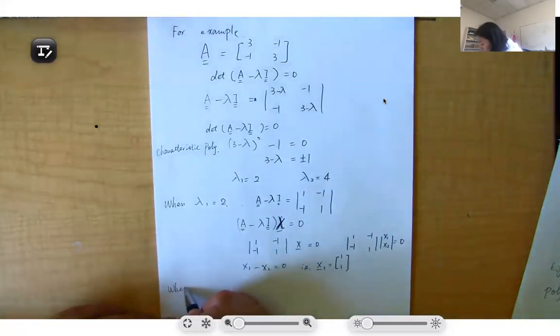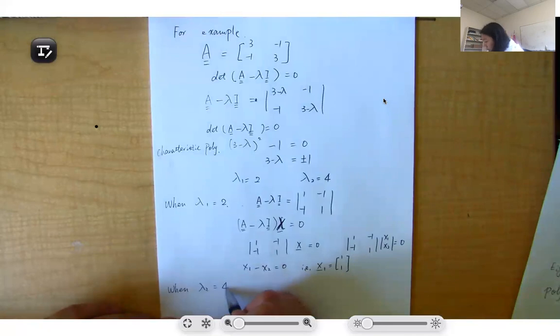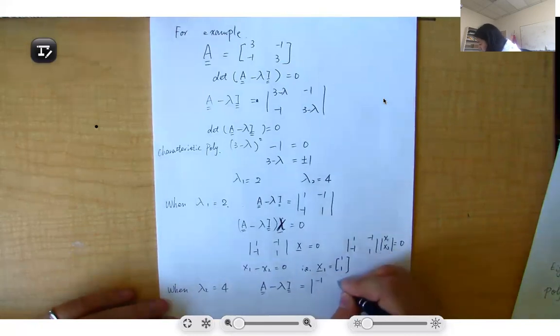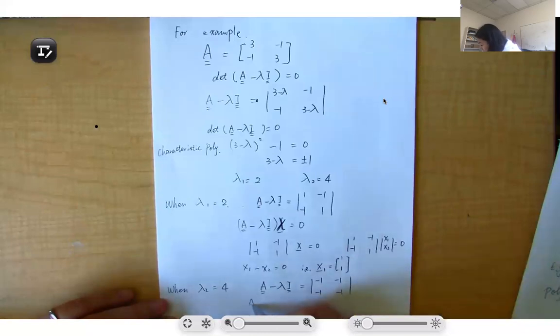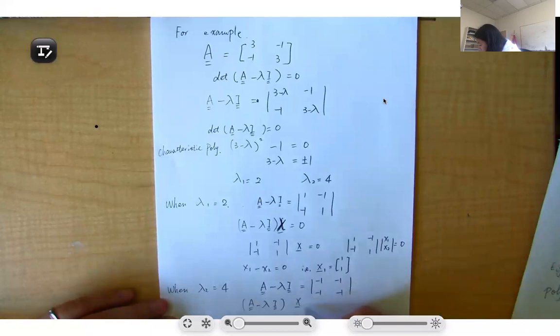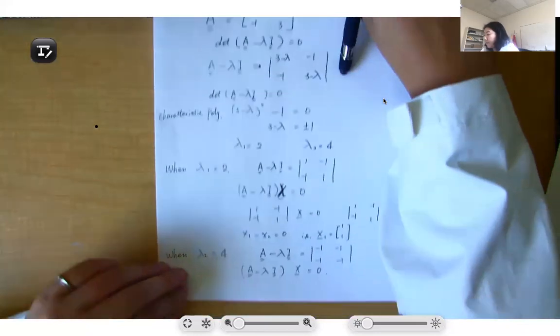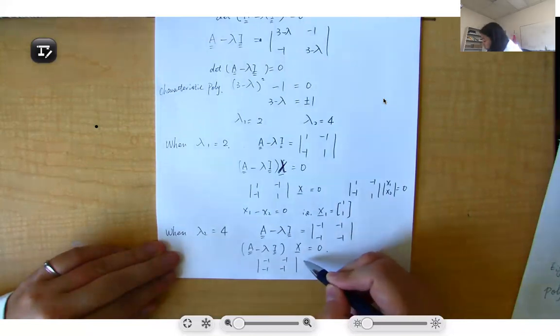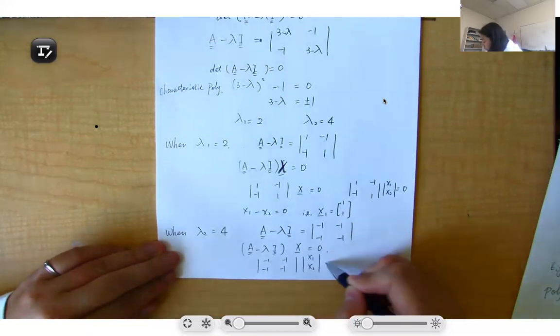Similarly, when lambda 2 equals 4, then A minus lambda I will be equal to [-1, -1; -1, -1]. And you know that (A minus lambda I) x equals 0, so [-1, -1; -1, -1] times [x1, x2] will be equal to 0.